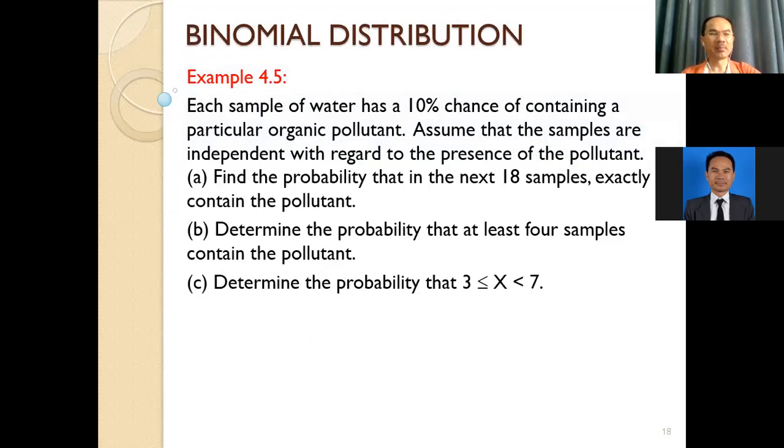Okay, let's give an example of the binomial distribution. In this case, we sample water. The water has a 10% chance of containing organic pollutant, meaning waste or toxic compounds. Assume the samples are independent.